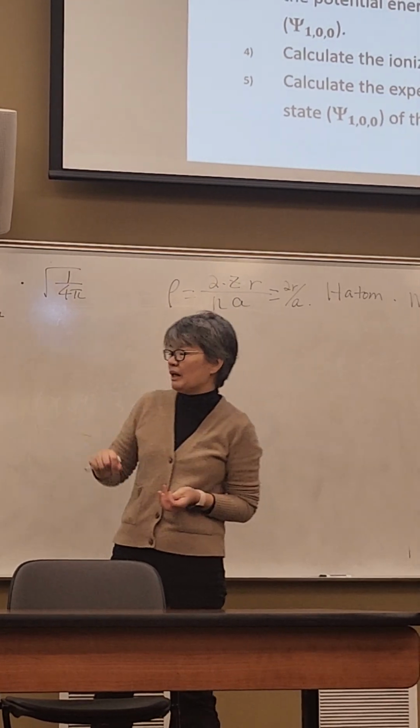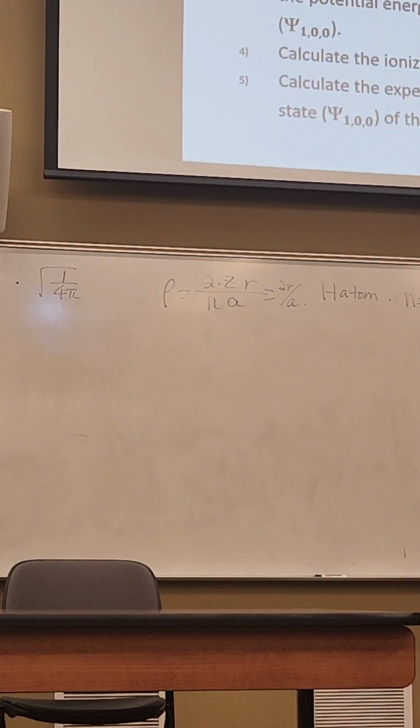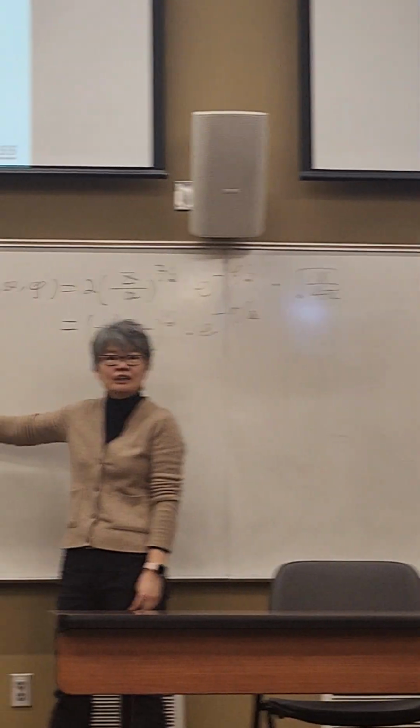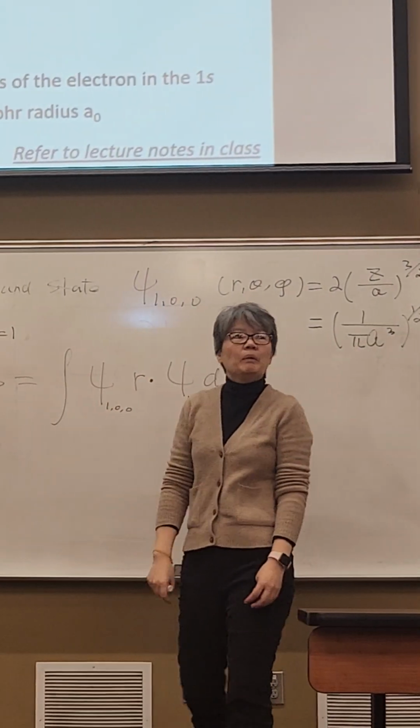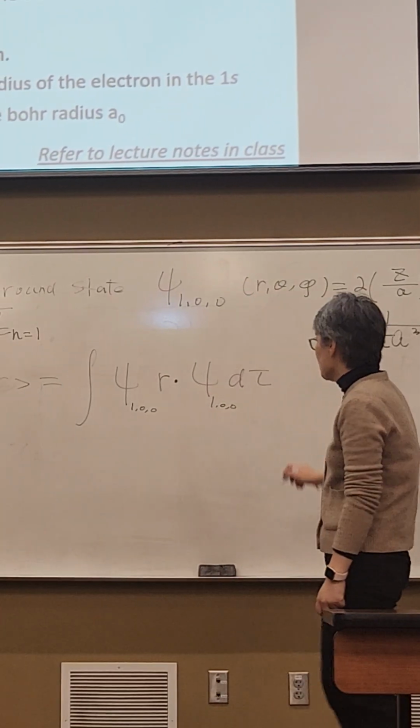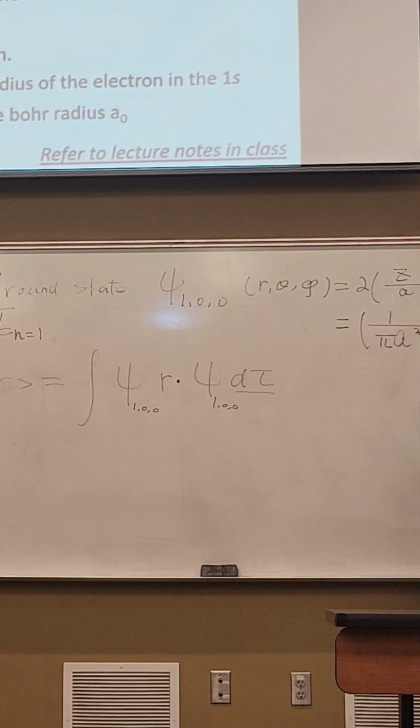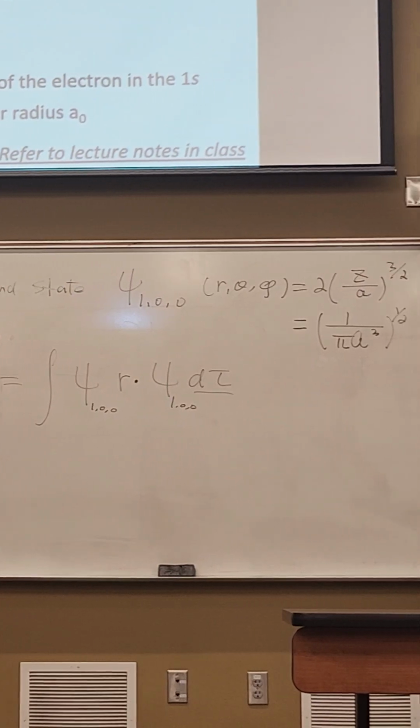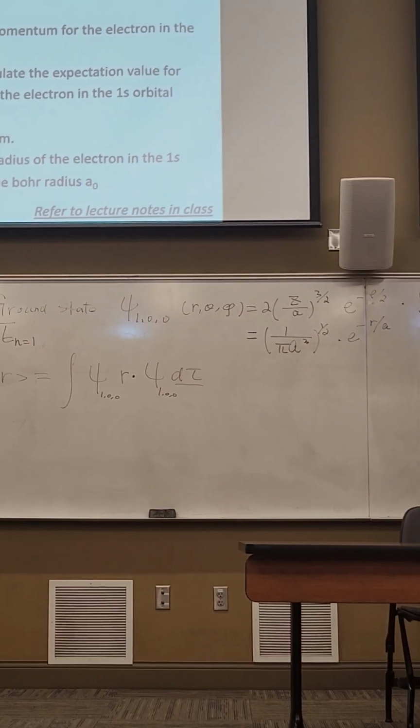So you can simplify this. What you have is a wave function multiplied by the variable r, multiplied by the wave function, and then you do the whole thing with the integral. The integral is with respect to d tau, because the electron motion is in three-dimensional space.